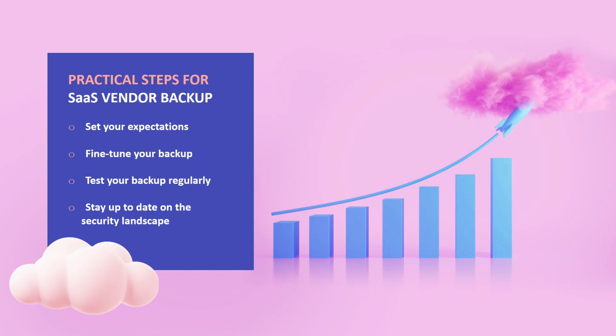You want to fine tune your backup. This is a biggie. Backup is not a set it and forget it type of thing. As your company changes, as your circumstances change, your backup requirements are going to change too. Just like tuning up a sports car, you want to make sure your backup is fine-tuned as well.